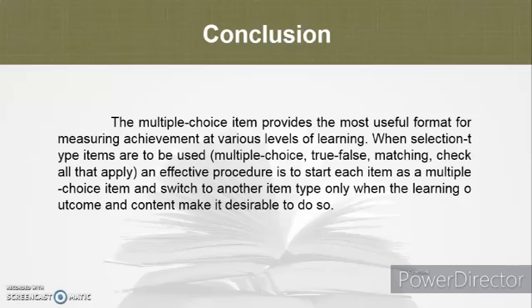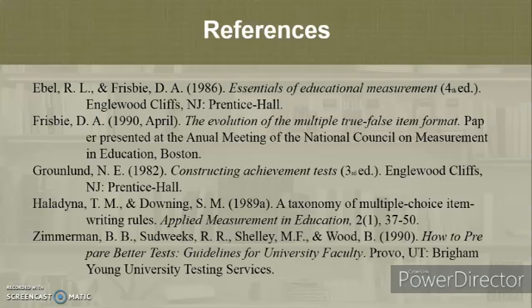When selection type items are to be used, multiple choice, true or false, matching, check all that apply, an effective procedure is to start each item as a multiple choice item and switch to another item type only when the learning outcome and content make it desirable to do so.